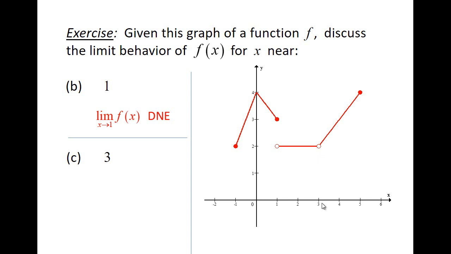So the right-hand limit at 3 is 2. Similarly, the left-hand limit at 3 is also 2. So the one-sided limits are equal to 2, so the two-sided limit exists, and it is equal to 2. So notice that even though the function is undefined at 3, the limit at 3 does exist and is equal to 2.